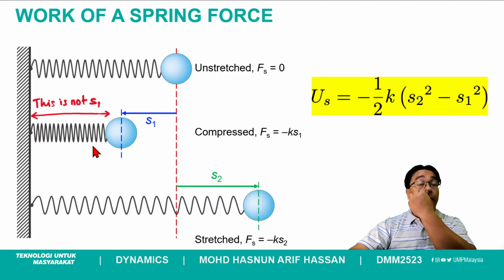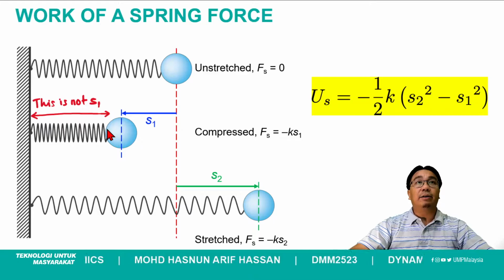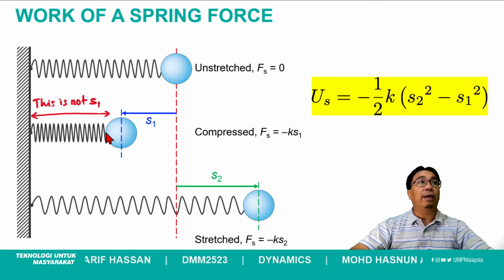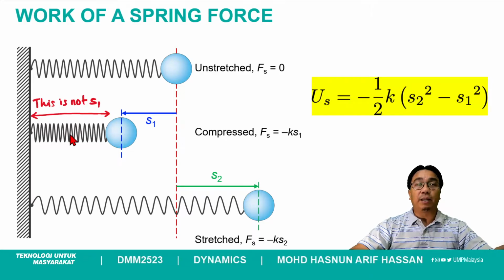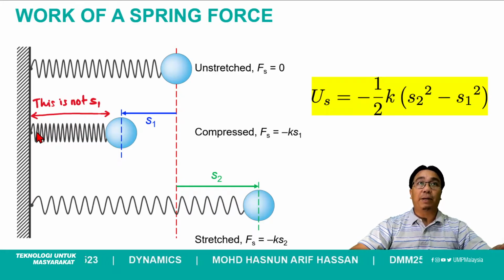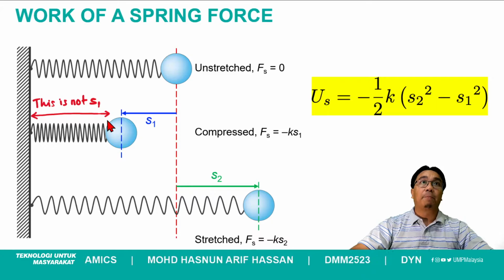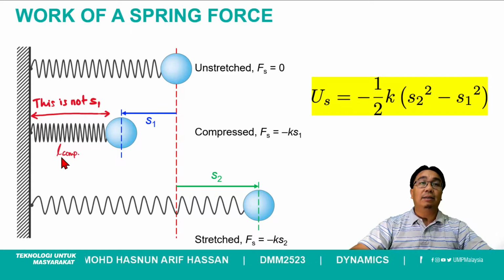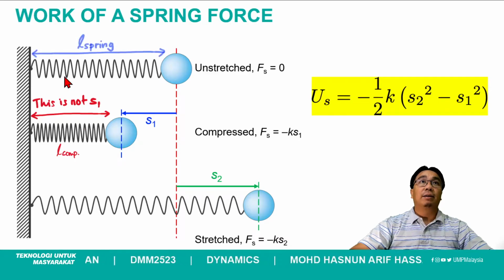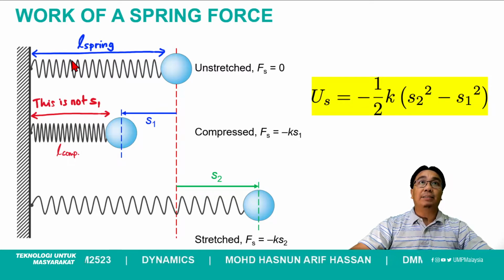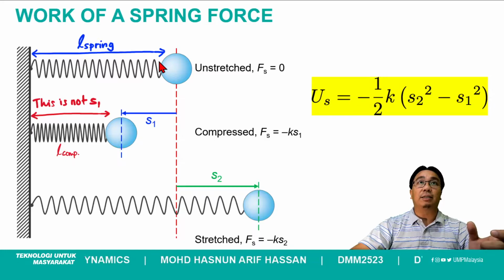Many students make mistakes where you find the length of the spring. This is not S1. The length of spring after being compressed is not S1. Okay, this is the compressed length of the spring. The one above is the length of the spring at natural position, unstretched.